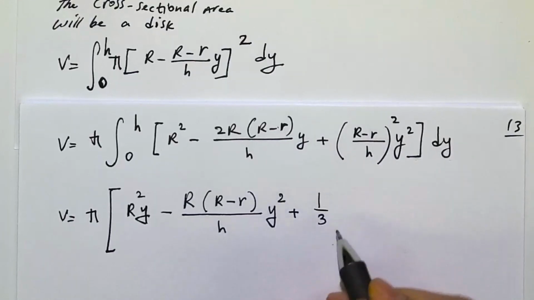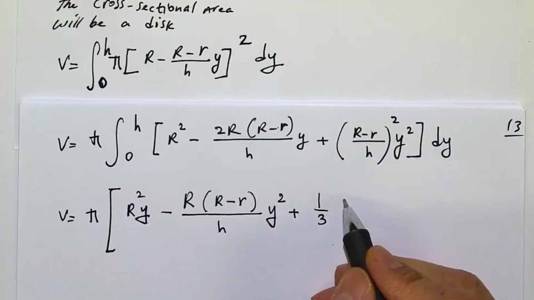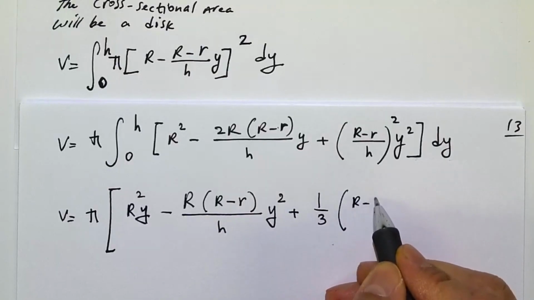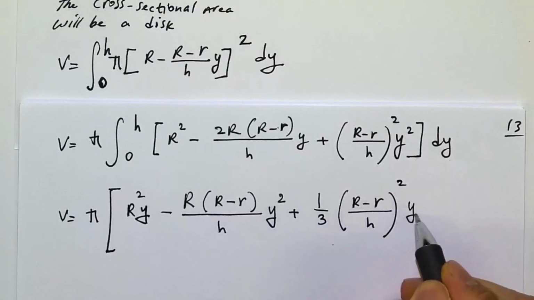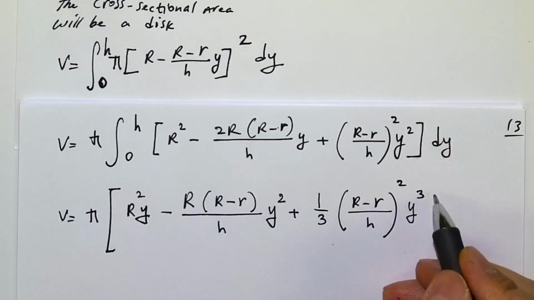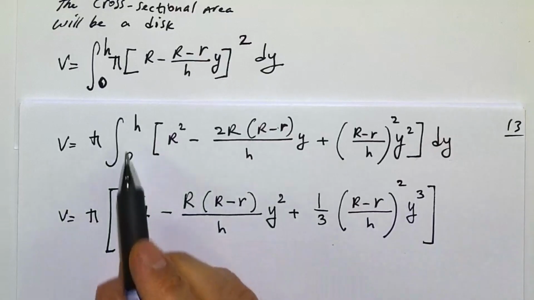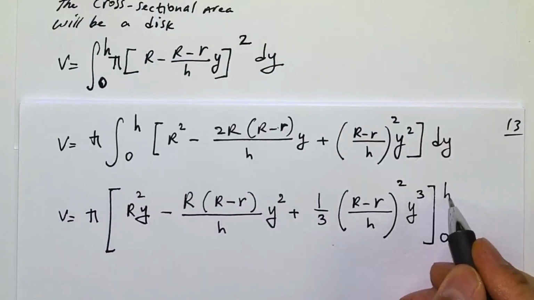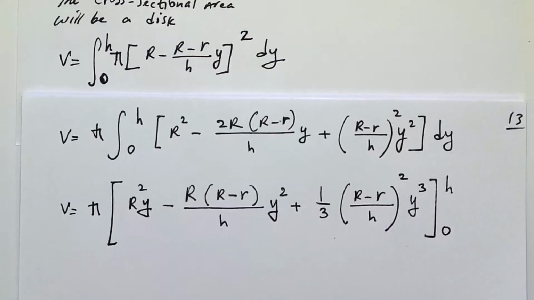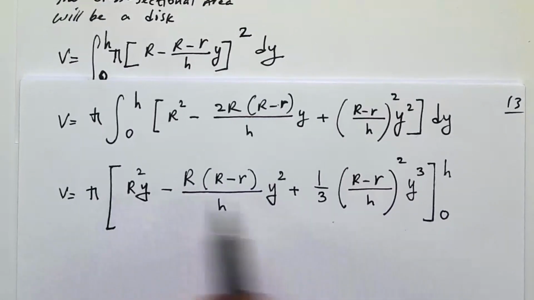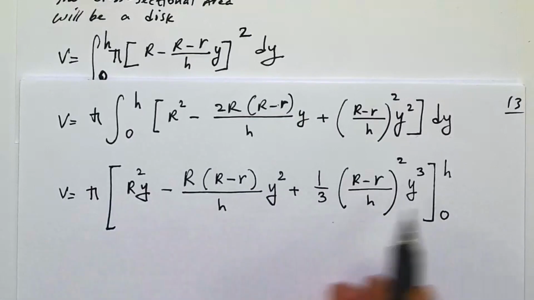So we have 1/3 times all of that y cubed. And this, of course, is being integrated from 0 to h. Okay, so then let's calculate this quantity.